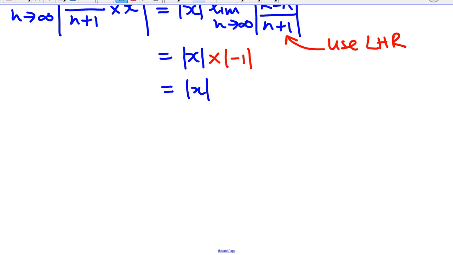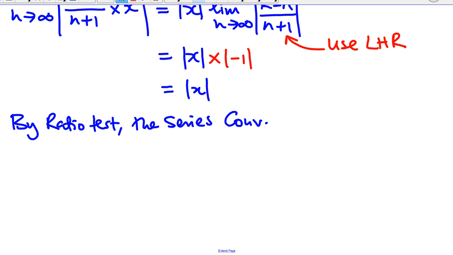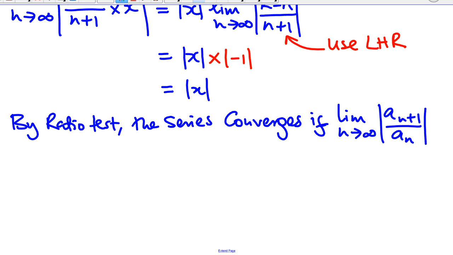Now that we have that, by the ratio test, the series converges if this limit is less than 1, not less than 0.